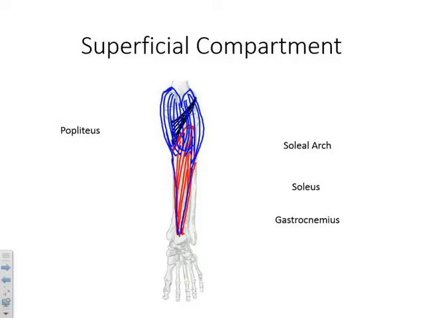And the third muscle to look at in the superficial posterior compartment, this is your plantaris muscle. So it has an origin just proximal to the lateral head of the gastrocnemius.